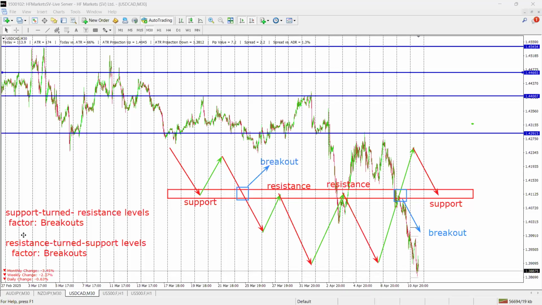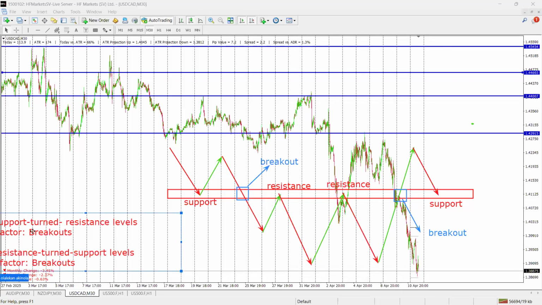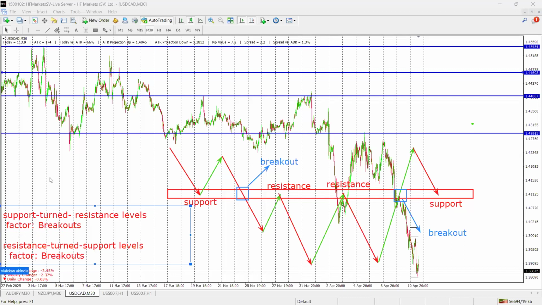All right, so that's how we have support turned resistance and resistance turned support. Support can turn resistance if it is broken. Resistance can also turn support if it is broken.